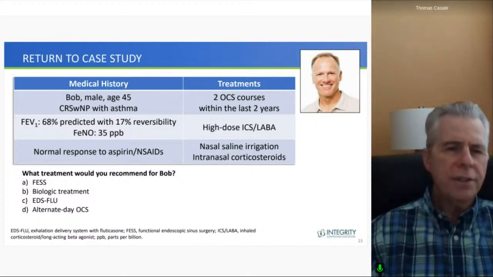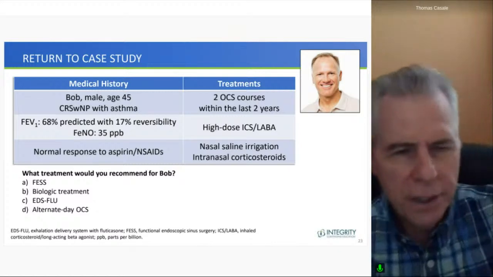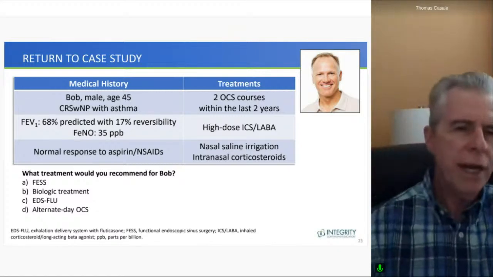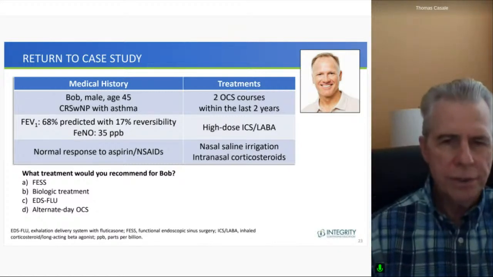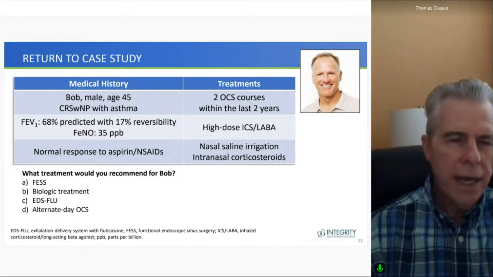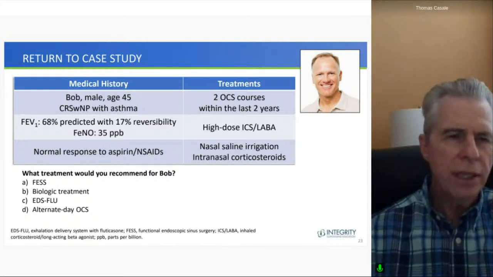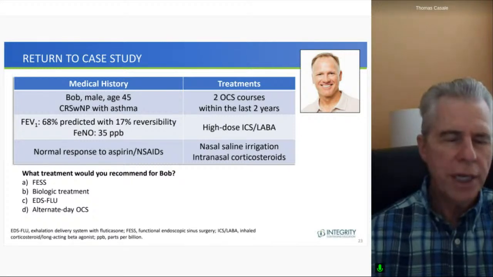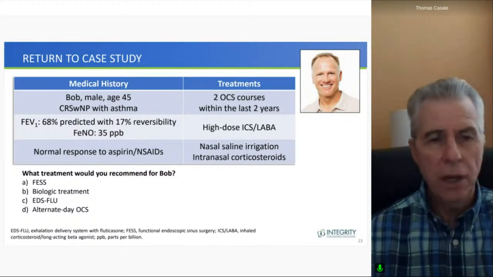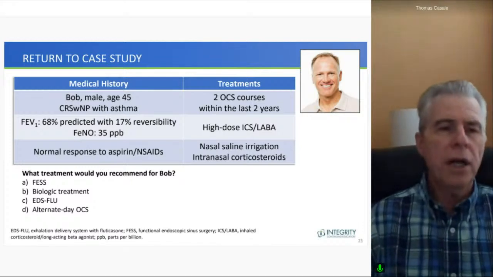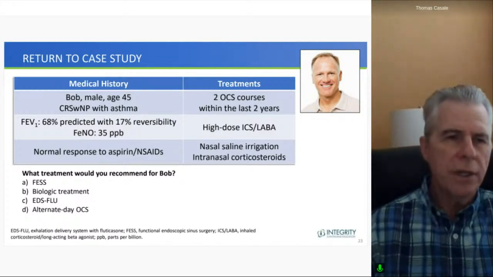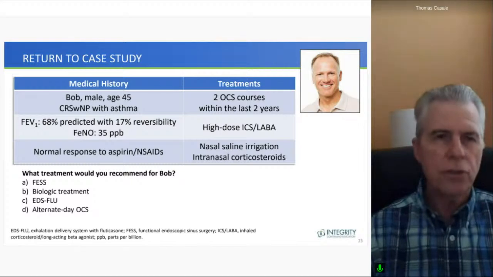Maybe we'll try something like EDS fluticasone, or we could try alternate day oral corticosteroids. The last option is one that I don't typically use just because you're really relegating these patients to long-term corticosteroids, which can be associated with a lot of adverse consequences. But we'll go through each of these choices.